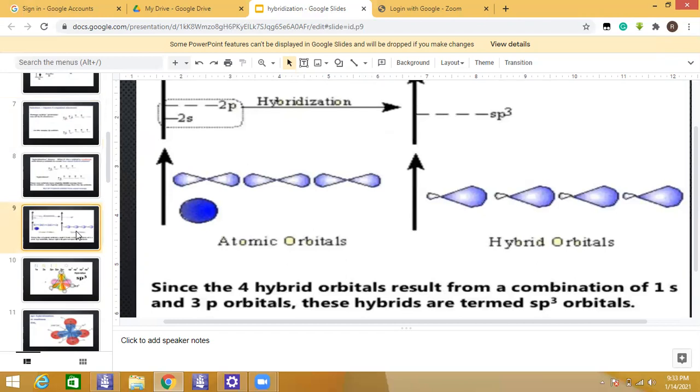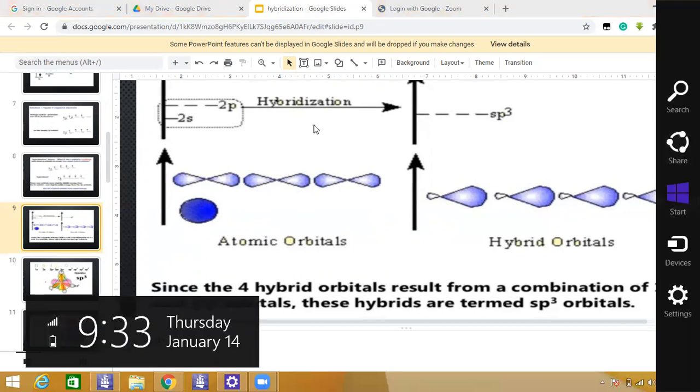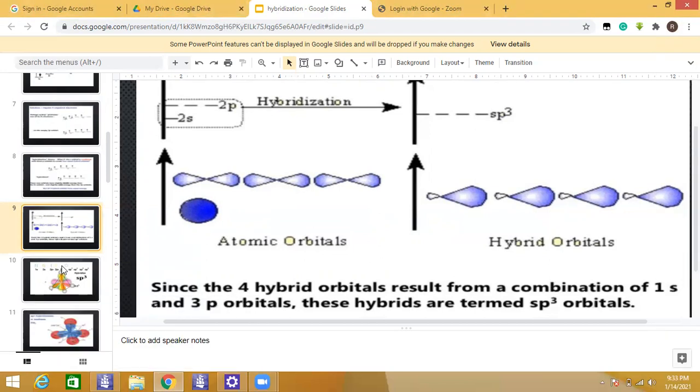So in the methane molecule, when one 2s and three 2p orbitals of the carbon atom mix together, they form four sp3 hybrid orbitals, which have tetrahedral geometry like this.